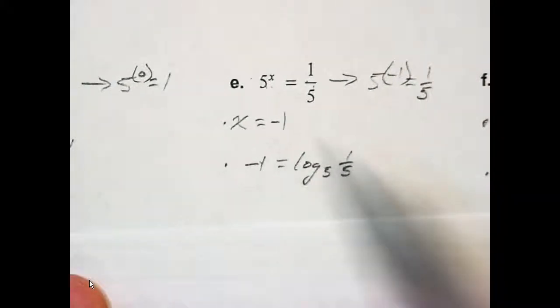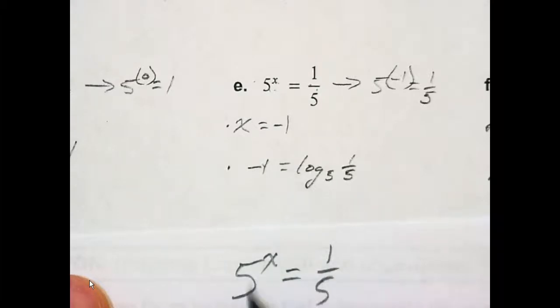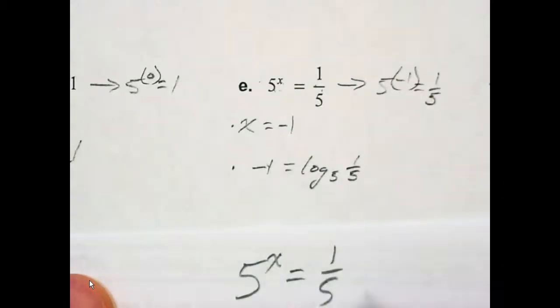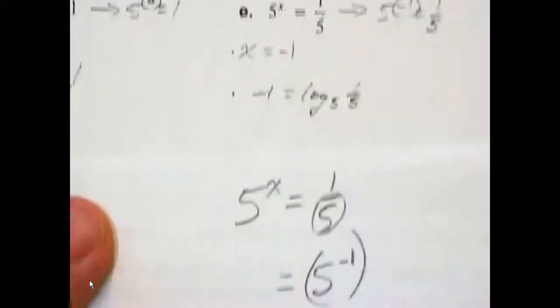Know how I wrote that? That's 5 to the power of x equals 1/5, and 1/5 in terms of base 5. So you've got to get in the habit of thinking, okay, base 5, well, the 5's on the bottom. That means it's a negative exponent. 5 to the first.